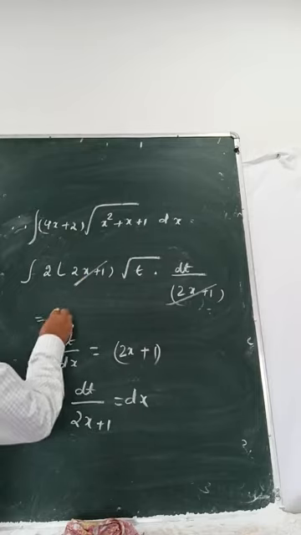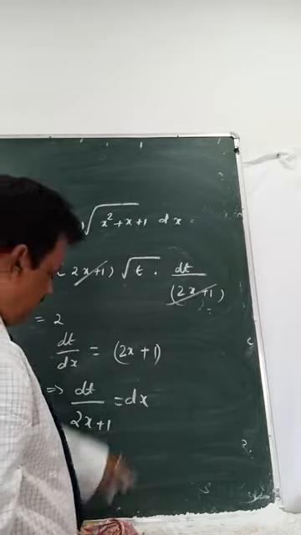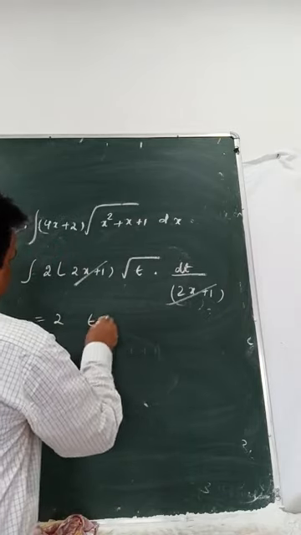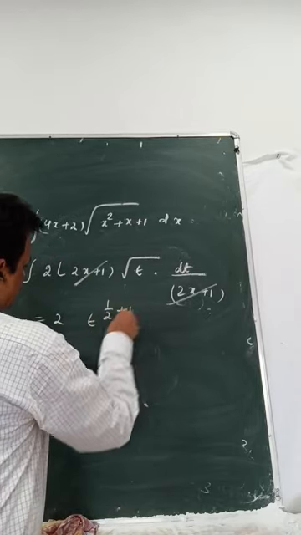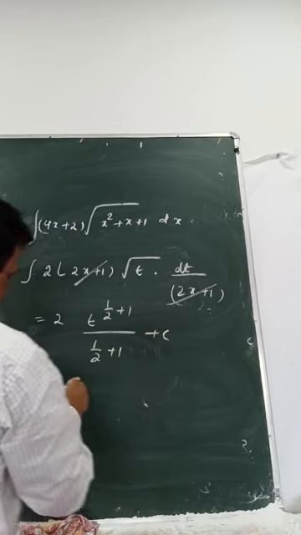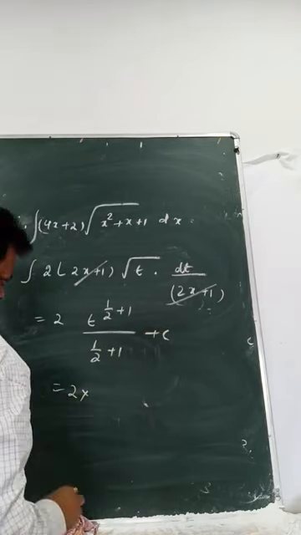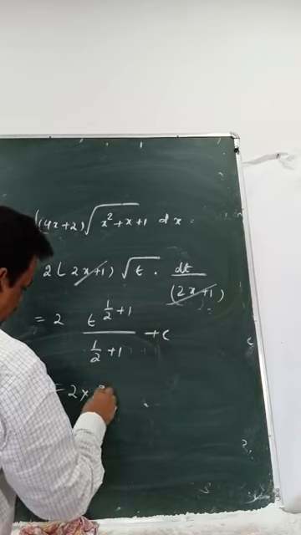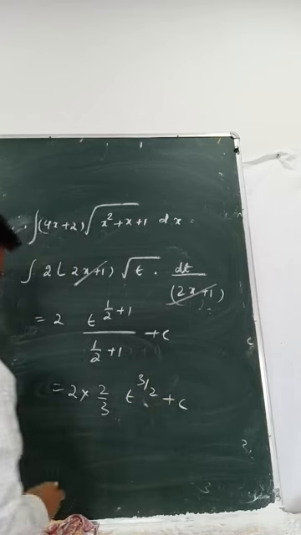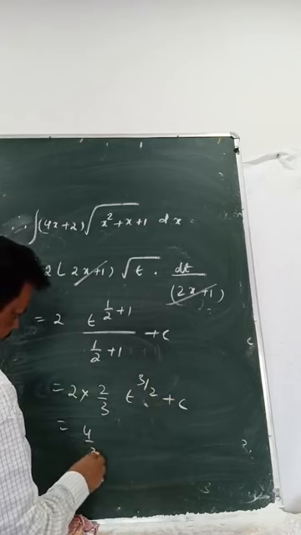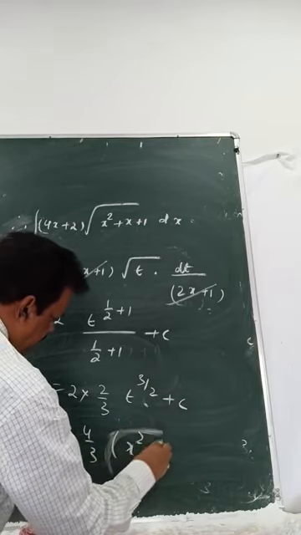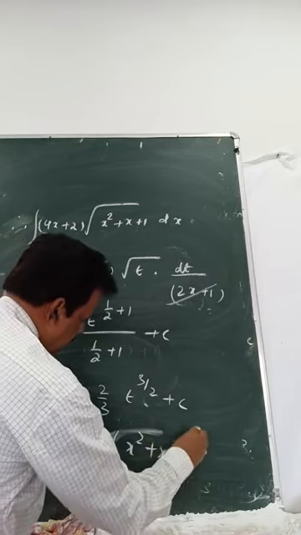So 2 root t, nth formula is t to the power half plus 1 by half plus 1 plus a constant. So this is 2, 3 by 2 will be 2 by 3, t to the power 3 by 2 plus c. So 4 by 3, x square plus x plus 1, power is 3 by 2.